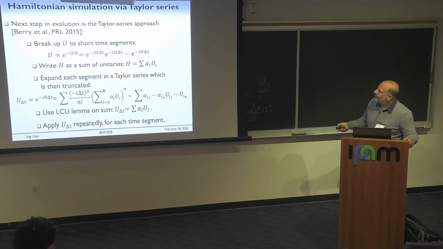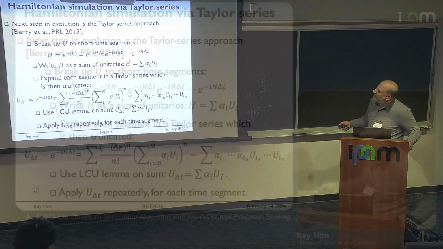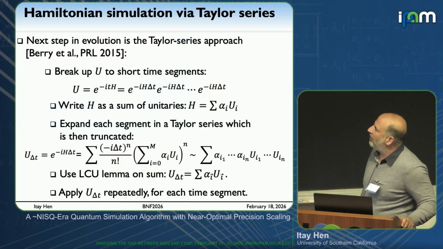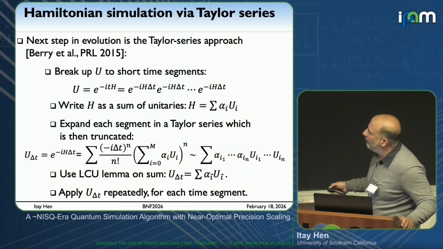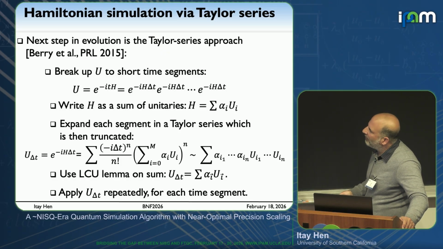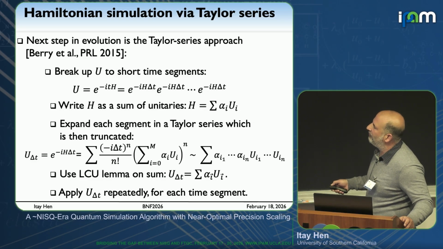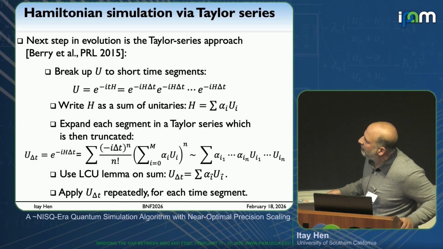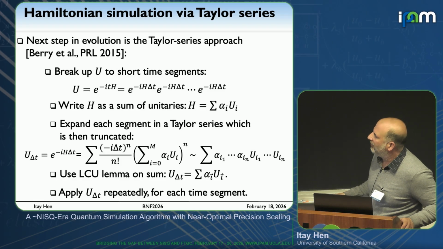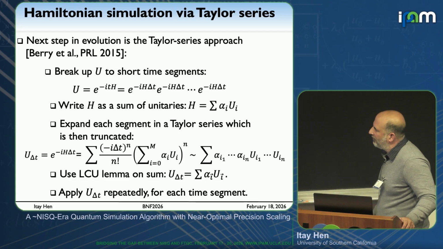But they said, take the unitary, still write it as a product of short-time evolutions, but now take the Hamiltonian and write it as a linear combination of unitaries. These unitaries can be Pauli strings, for example. And once you have the Hamiltonian written as a linear combination of unitaries, you can take the unitary time evolution operator and just Taylor expand the exponent.